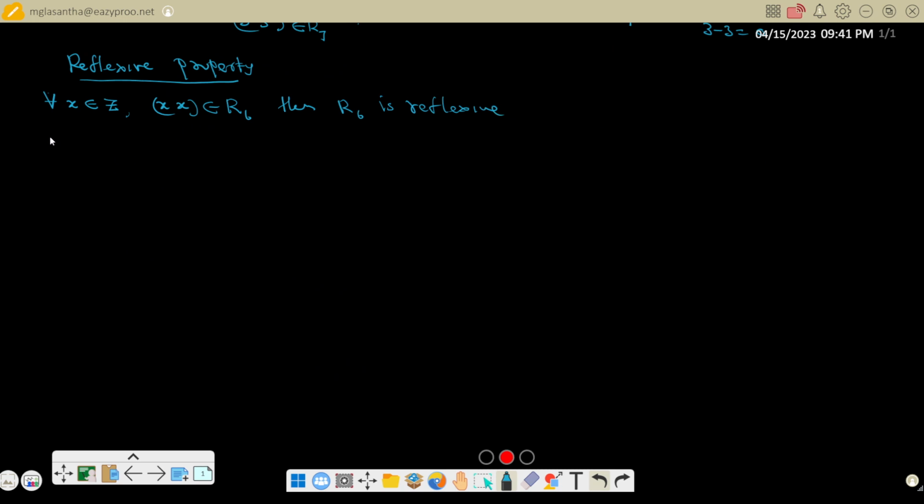R6 is the set of (x, y) where x equals y.